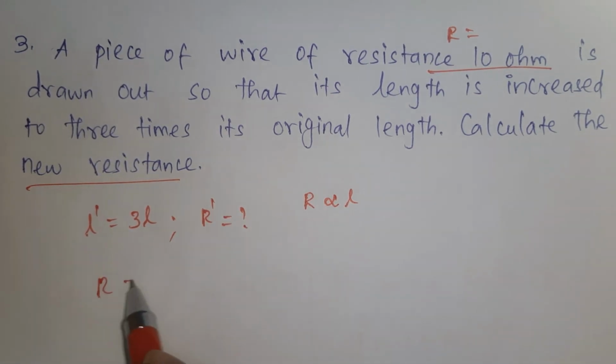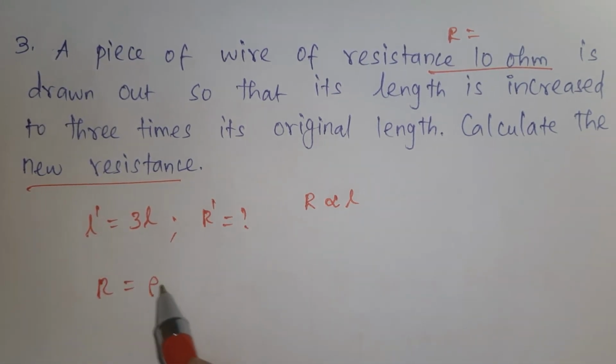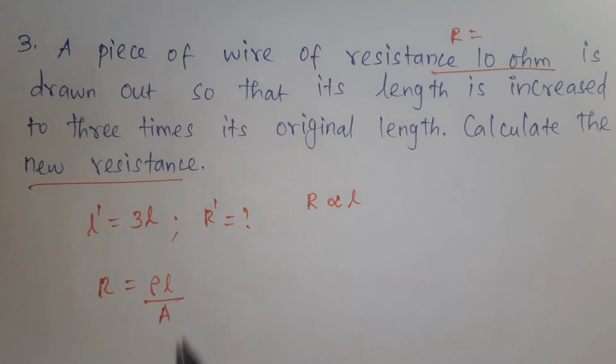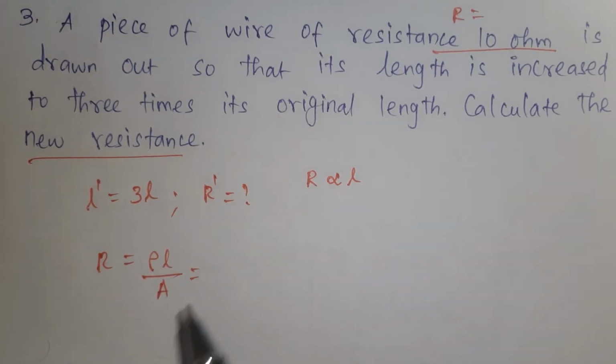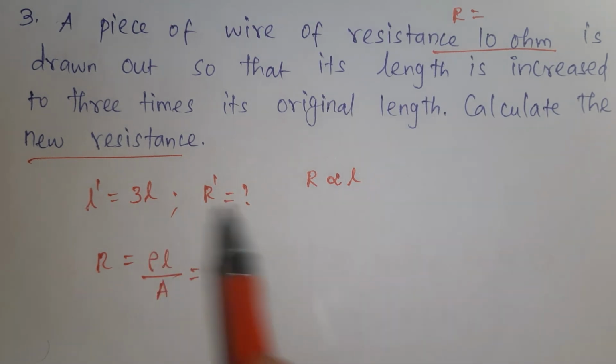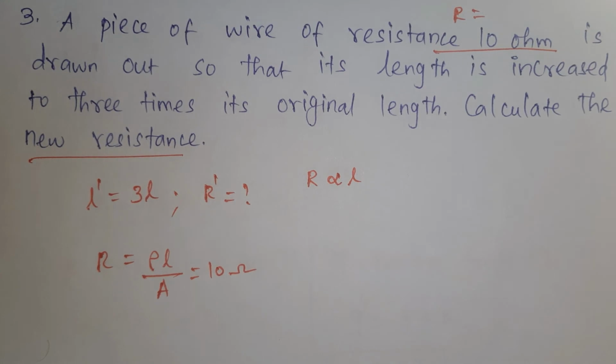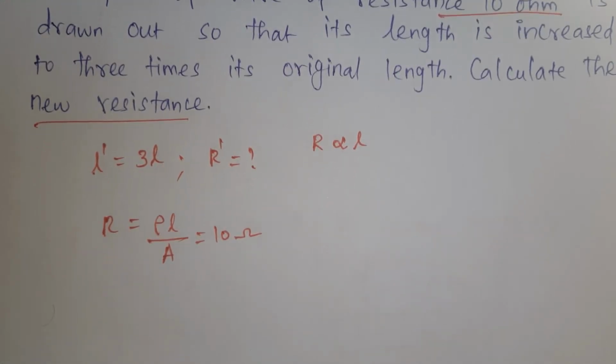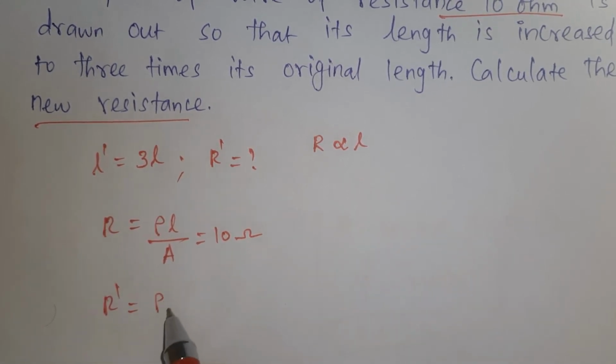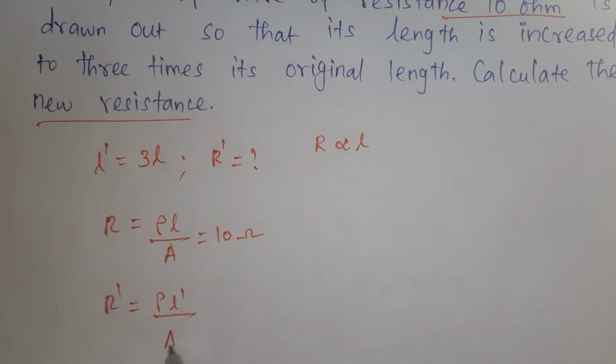R is equal to rho L by A. The resistance of the wire before drawing into 3 times is 10 ohm. If that wire is drawn into thrice its original length, R dash is equal to rho L dash by A dash.